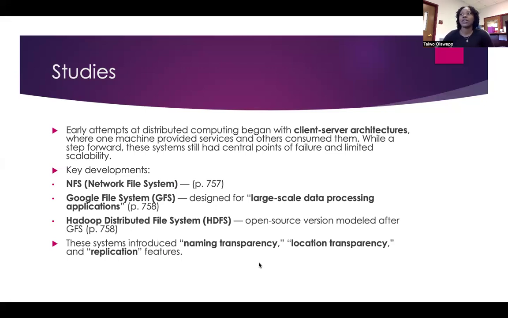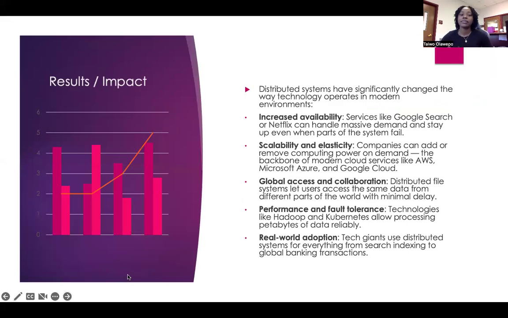This helps, for example, Netflix, as they want to add more users and do more things because of these new systems and this new technology. As distributed systems grow, they help other companies grow too.